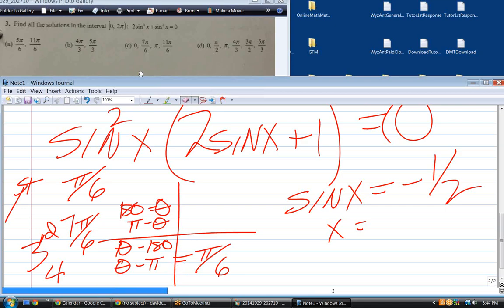So what is the fourth quadrant? If the formula for the fourth quadrant is 2 pi minus theta, what's the angle in the fourth quadrant? In other words, 2 pi minus theta has to equal pi over 6. So solve for theta.